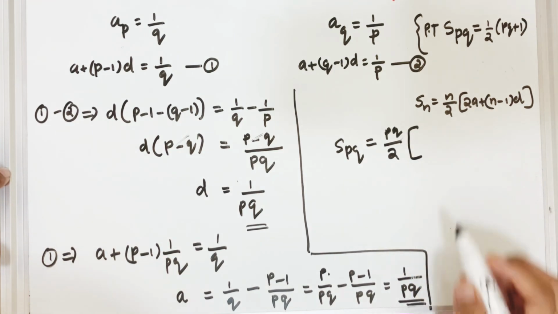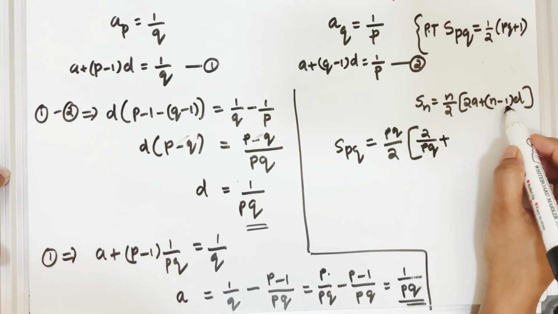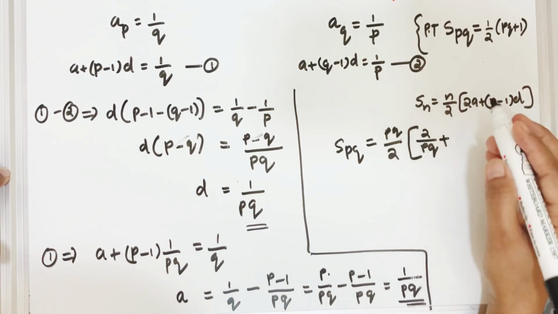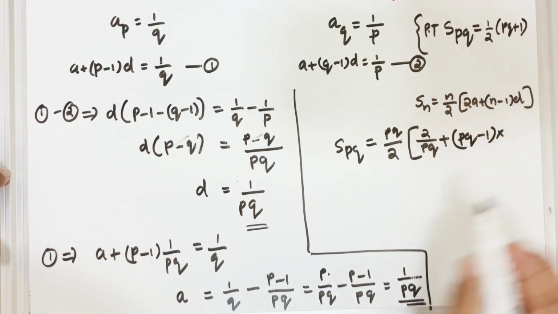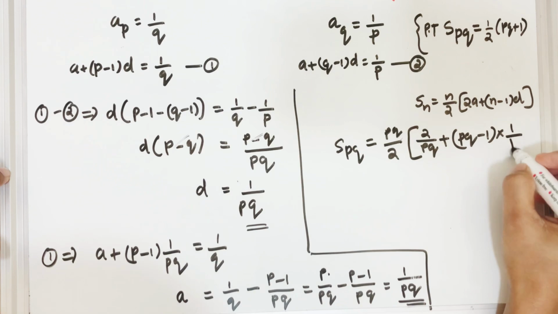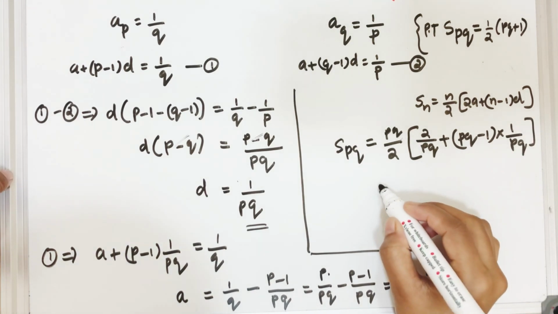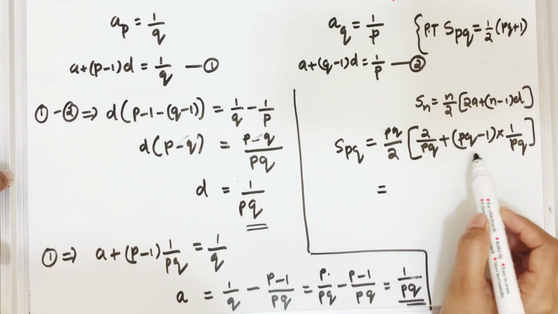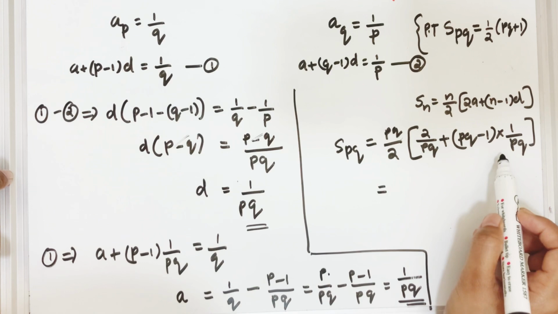A is equal to 1 by PQ, that is 2 by PQ plus n minus 1. Instead of n, p into q, PQ minus 1 into d, where d is equal to 1 by PQ.